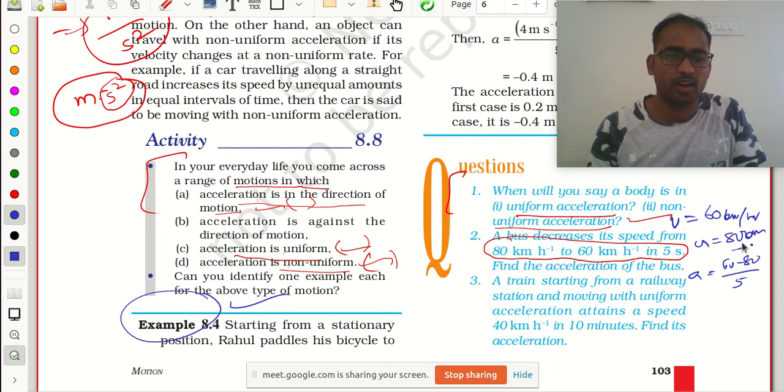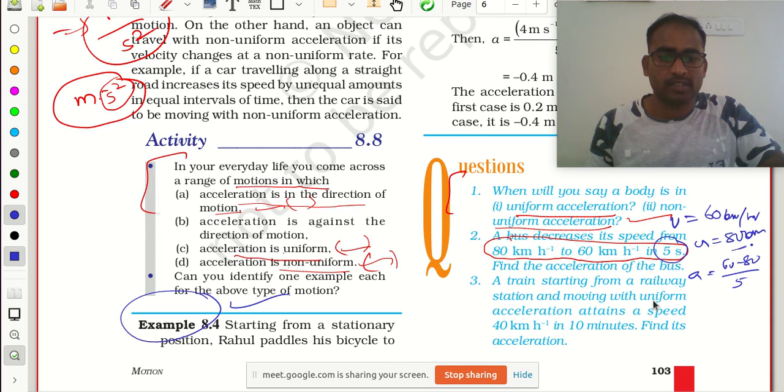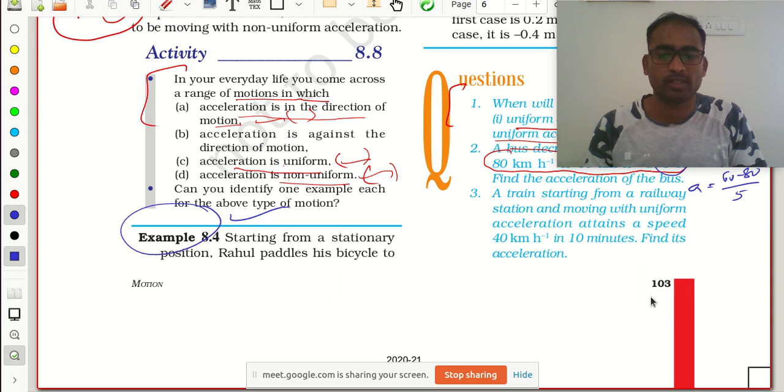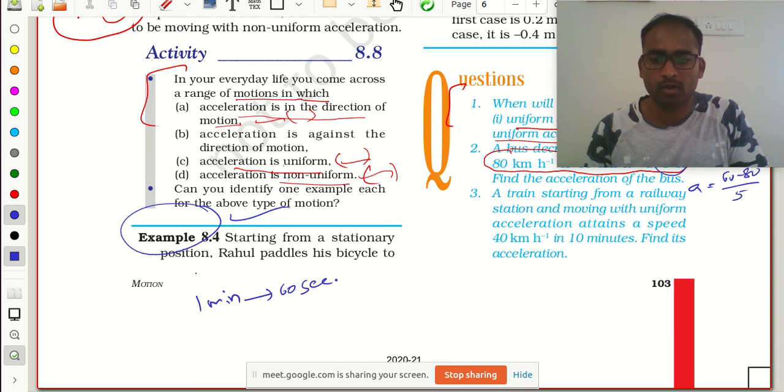Here all are in hours only, so we need to convert these 5 seconds to hours. So 5 seconds is equal to how many hours? 1 minute is equal to 60 seconds, and 1 hour is equal to 60 minutes. So 1 hour is equal to 3600 seconds.